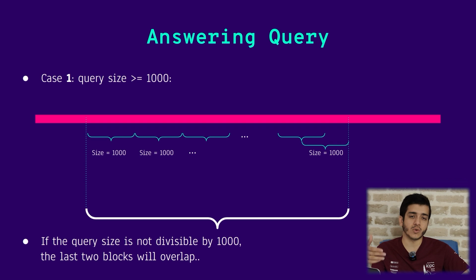So they will overlap, but it doesn't matter. It's not like sum. During calculation of the sum of a set, if you count a number twice, it will ruin your calculations, right? But for minimum, if you take the minimum of a single element several times, it doesn't matter, so it's okay.